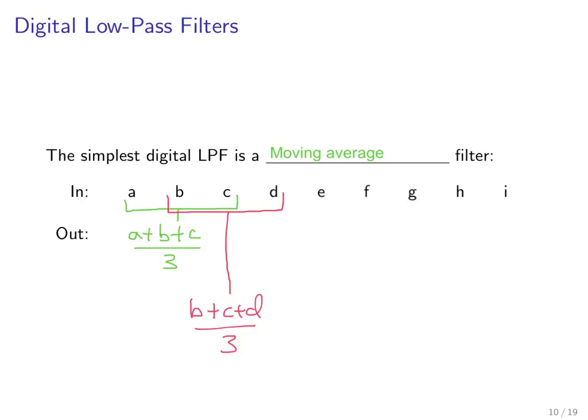Then we move on to the next consecutive 3 samples, and we would get C plus D plus E over 3, and so on. You can see how this would go as we continue to take averages of 3 consecutive samples to get the filtered signal. So this output here would be the filtered signal after applying the moving average filter.